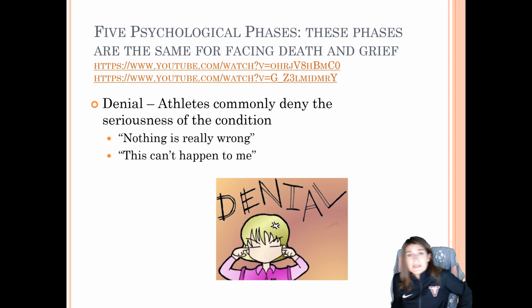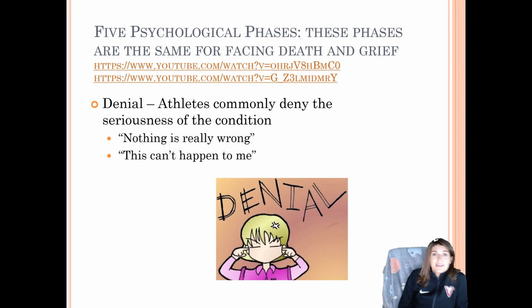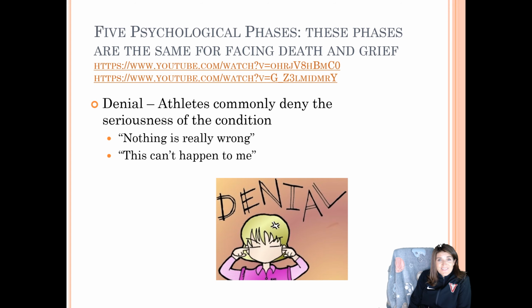When that's the case, they actually face the 5 psychological phases that people face when they're facing death or grief, which is so weird to me. When they first said that, I thought, no, they don't. But then I've seen it personally. The way I remember the phases of grief, and in this case the phases of dealing with injury, is DABDA.